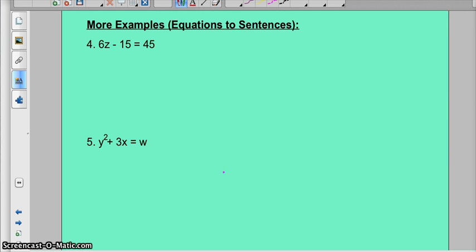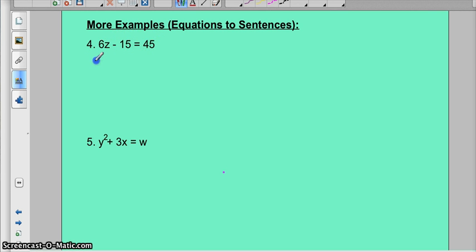Okay, now we're going to do a few examples of when they give us the equation and we actually have to write the sentence. So what I do with these is I read the equation out loud to myself and basically write down exactly what I see. So this one says 6 times a number, or 6 times z, minus 15 equals 45.